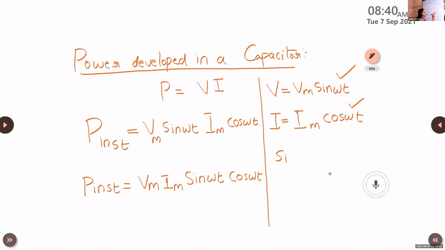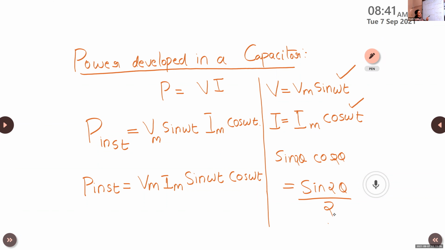Sin 2 theta is equal to 2 sin theta cos theta, so sin theta into cos theta is equal to sin 2 theta divided by 2.